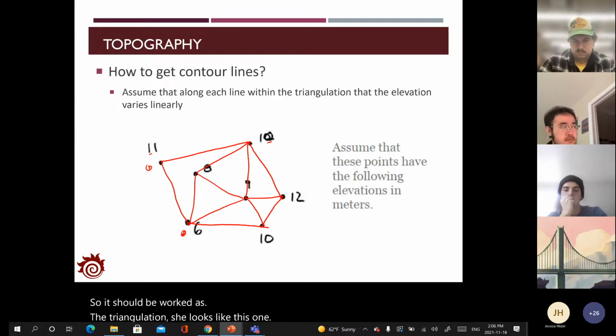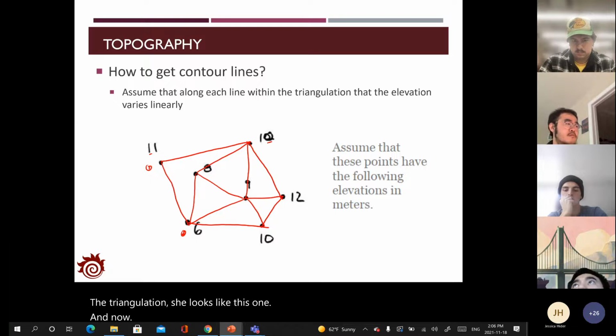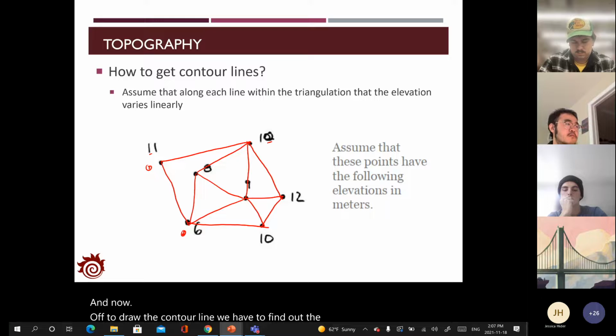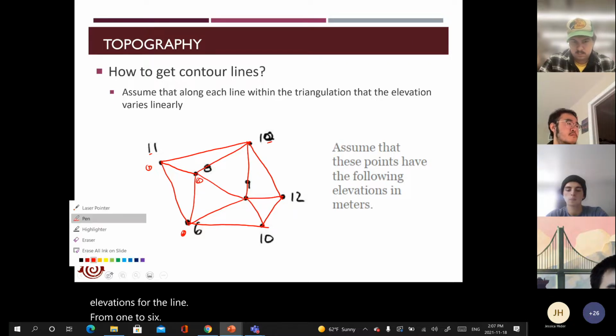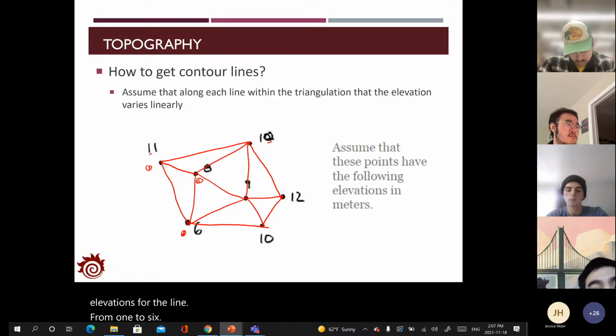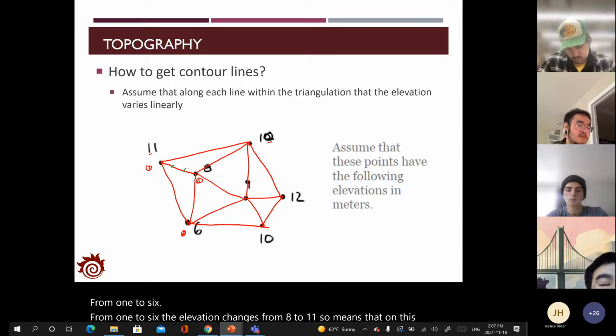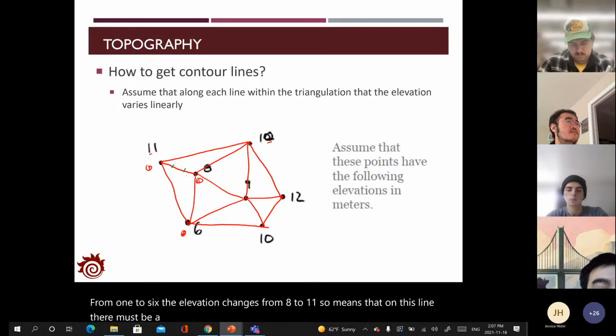And now, to draw the contour line, we have to find out the location with the same elevations. For the line from 1 to 6, the elevation changes from 8 to 11. So it means that on this line, there must be 2 points with the elevation of 9 and the elevation of 10.